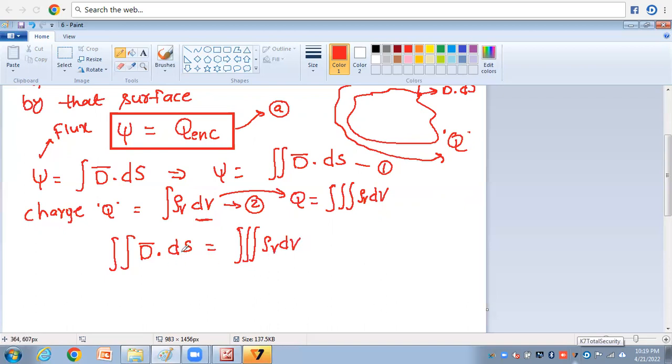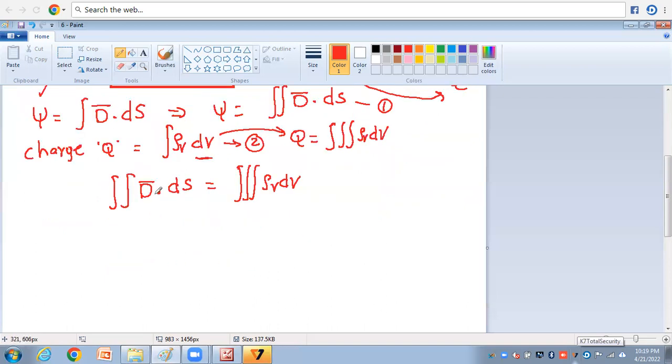Now take this expression; we have to apply the divergence theorem to this term.